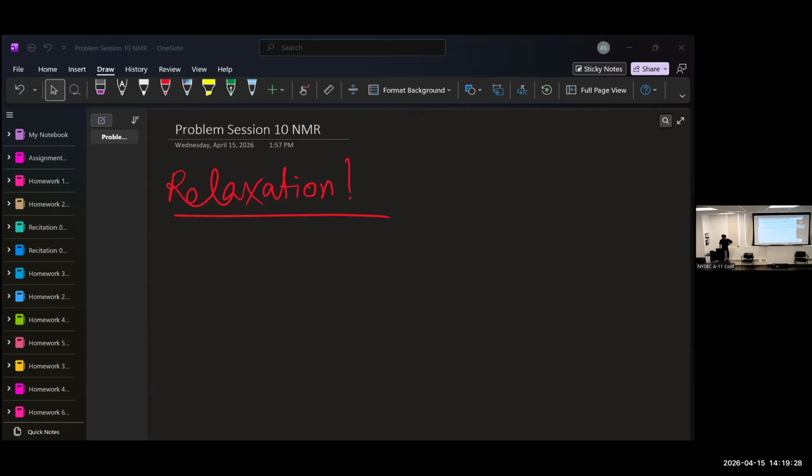We should do a brief refresher on relaxation, generally speaking, before we review some of the problems. So in class, we have discussed the experiments involved in the measurement of relaxation, inversion recovery for T1.